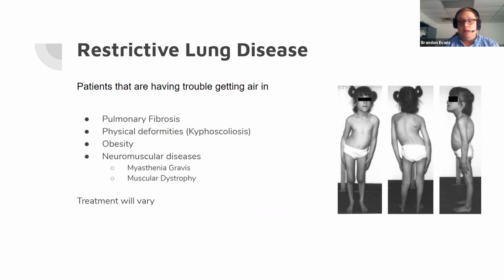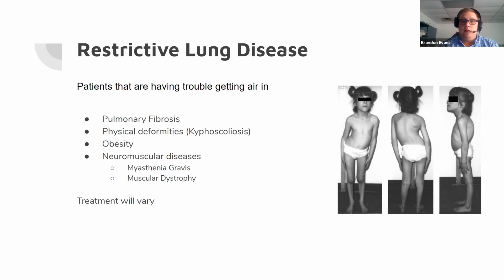Neuromuscular diseases are another restrictive disease, such as myasthenia gravis or muscular dystrophy. Myasthenia gravis is a progressive disease that will start at the head and slowly work its way down to the feet, and you'll slowly have reduced ability in all your functions.